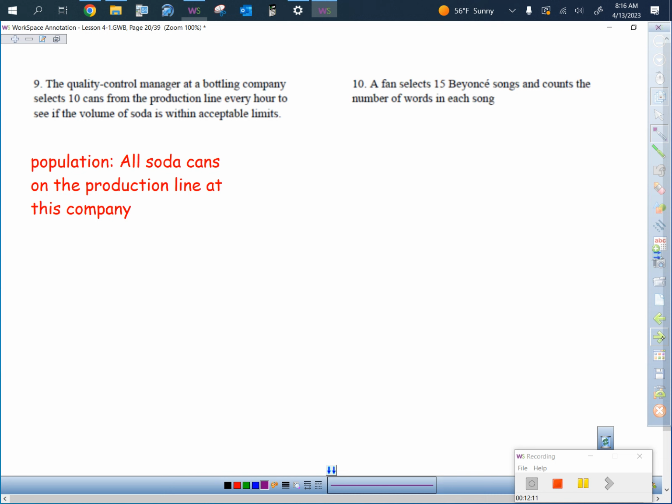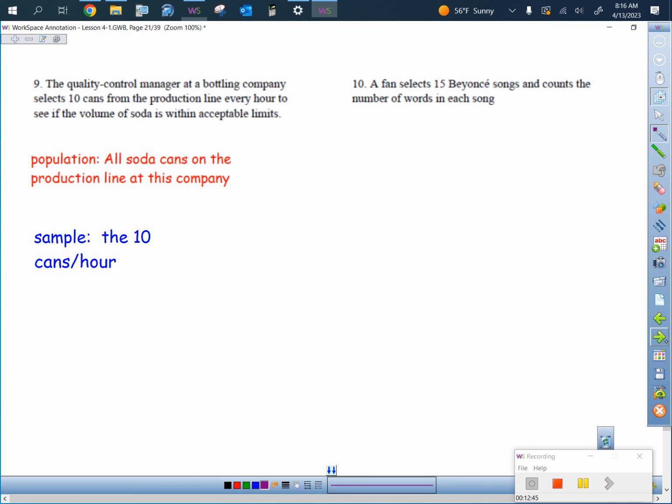I didn't even put it on here, sorry. At the company in that hour. You don't have to write every detail, but all soda cans in production that hour. The sample is usually pretty easy to tell. How many did they sample? 10. The 10 cans.